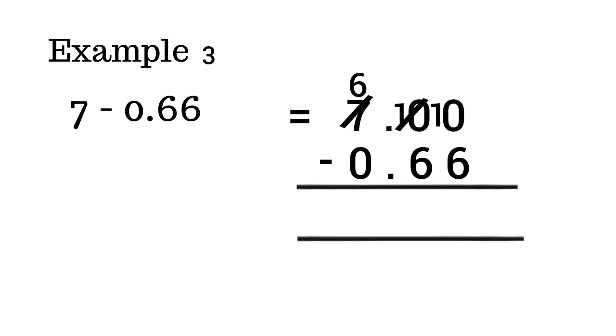That gives us 10. 10 minus 6 is 4. We move to the next digit. We have 9 left. 9 minus 6 is 3. And then we move to the whole number column. 6 minus 0 is 6. So our answer is 6.34.